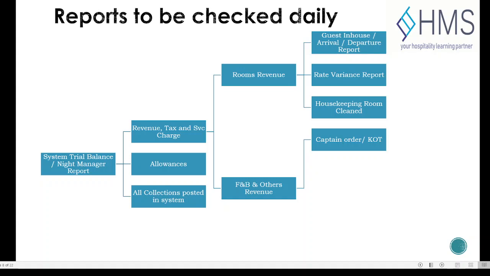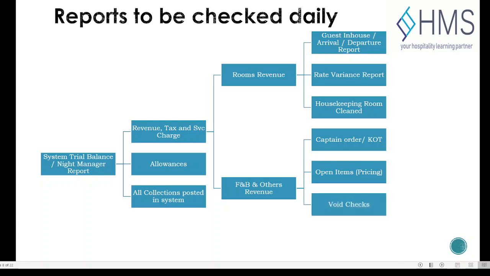Then they have F&B and other revenue, KOTs, open items, to check whether the prices are correct or not. Or if there are regular open items, then they have to request the cost controller or the F&B manager to put them into the menu if certain open items are repetitive, to ensure that there is no leakage of revenue.